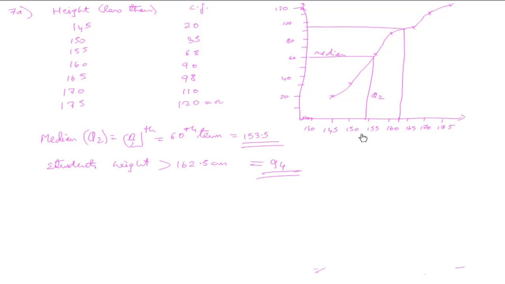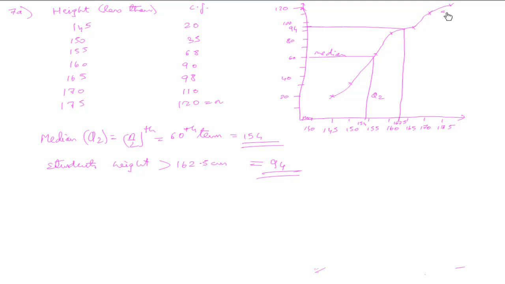Also over here, children, write down median Q2. It's 154, children. That's 154. Also write it down over here, children. This is 162.5. That's 162.5. And the value over here, that's 94.